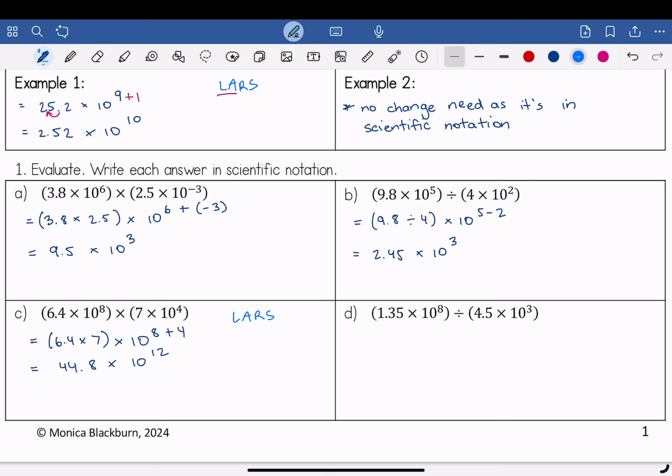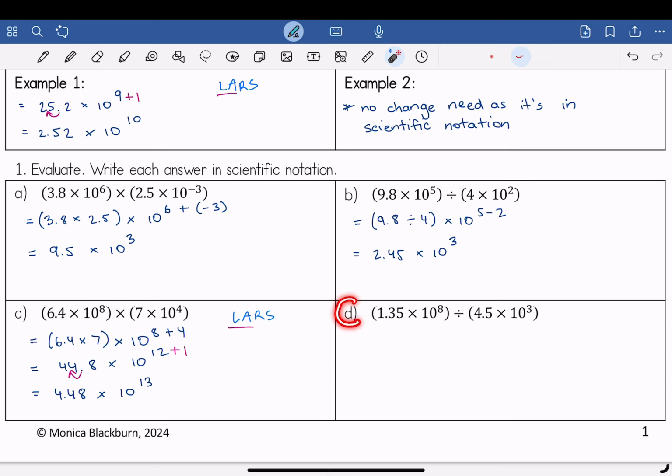So we have to move the decimal place to have a number in the ones between 1 and 9, or a number from 1 to 10. We're going to move it to the left, which means we have to add to the exponent. Therefore, it is 4.48 times 10 to the power of 13.